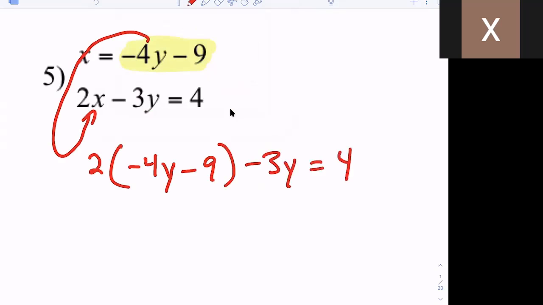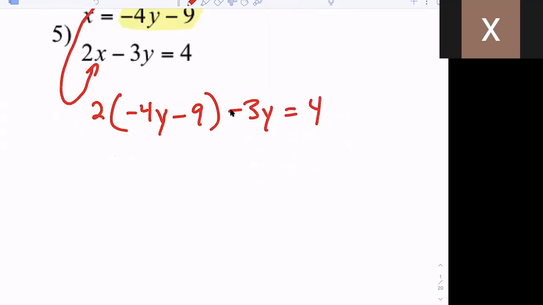Right, x equals. So wherever I see an x, I put -4y minus 9. Anybody have any questions with that? Now it's just, can you do the algebra?